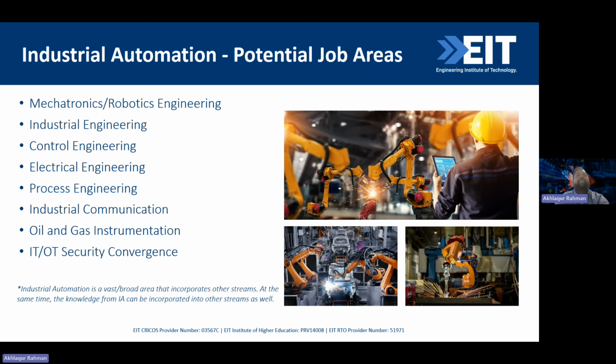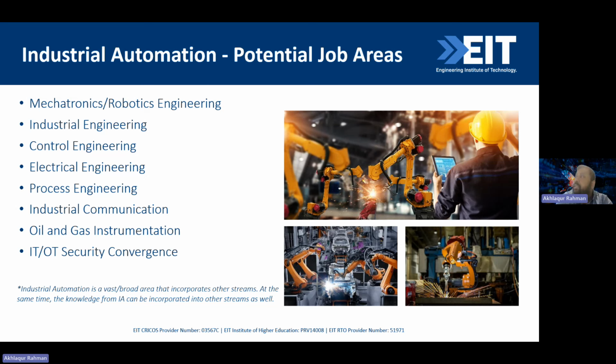With industrial automation, one thing we need to understand is the potential job areas. The good thing about automation is that it is important to understand the job market. As I mentioned, it is a constantly evolving market. The biggest change in automation I can think of is how it has moved from just the implementation of automated machinery towards more data-driven analytics.